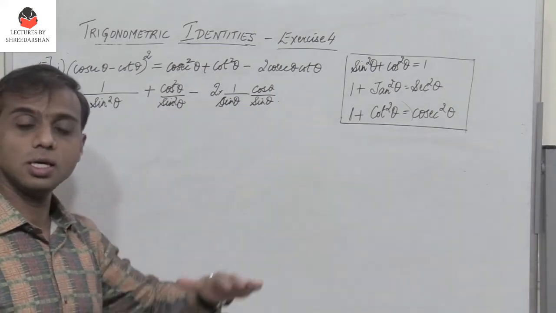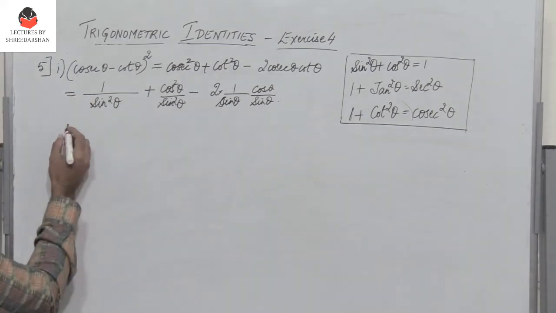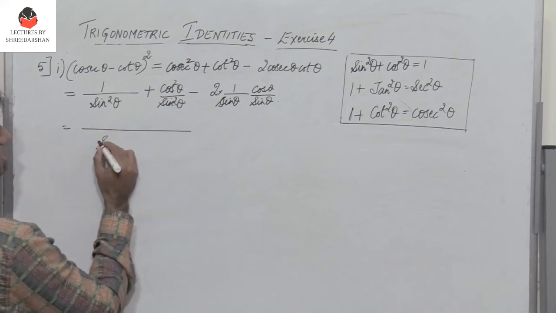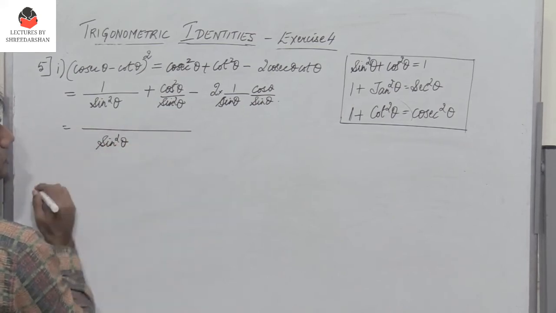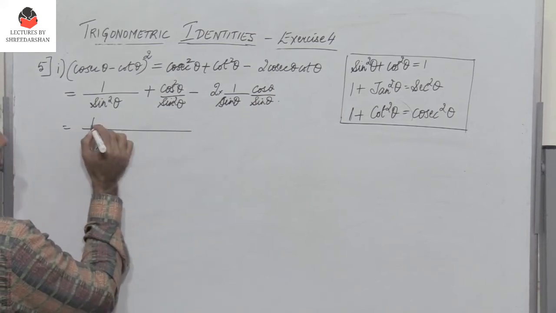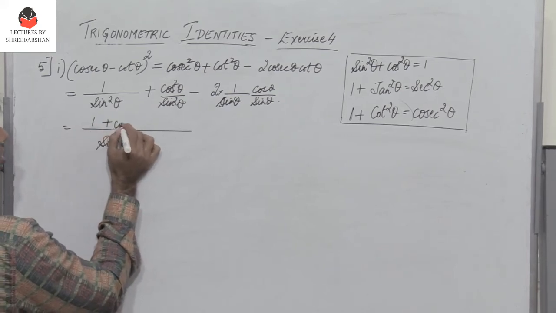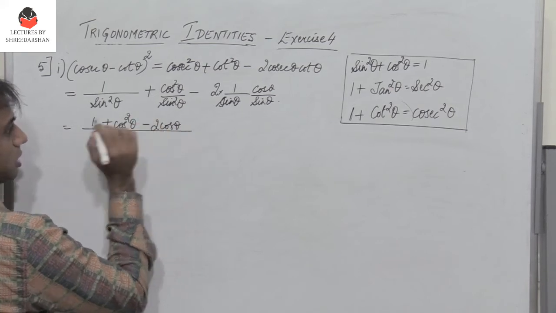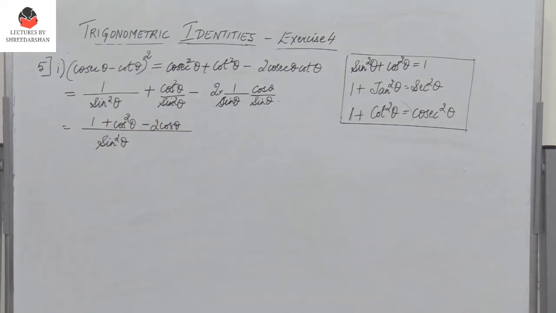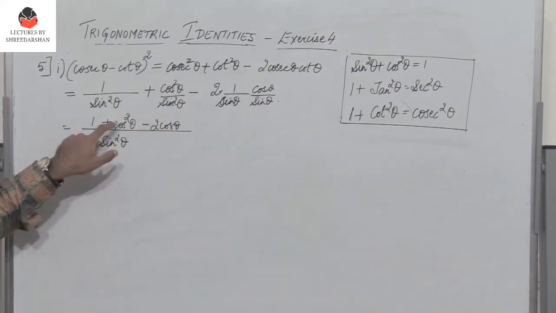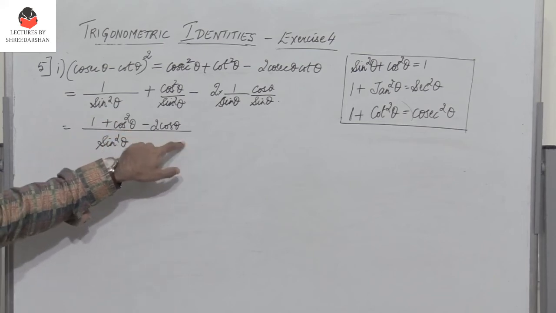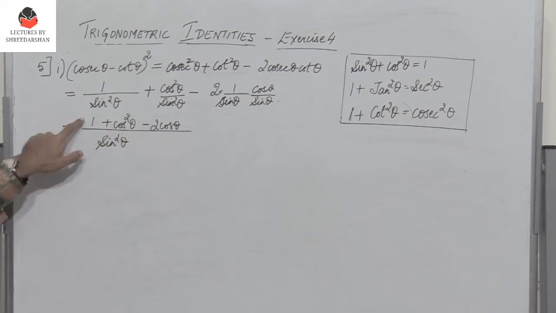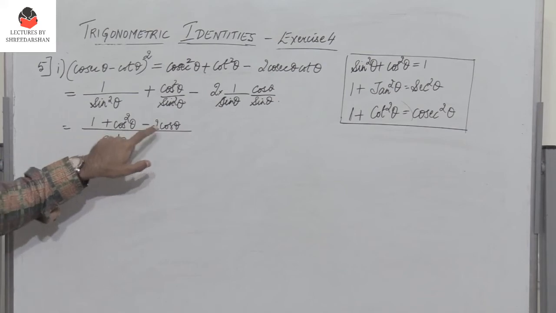So therefore I can take a common LCM, which is sine square theta. In the numerator I have 1 plus cos square theta minus 2 cos theta. This is of the form a square plus b square minus 2ab, where a is 1 and b is cos theta.